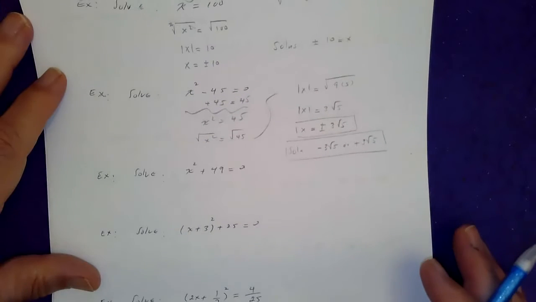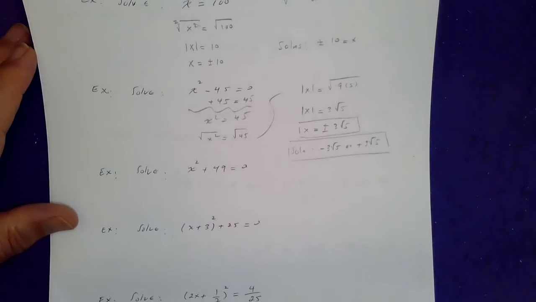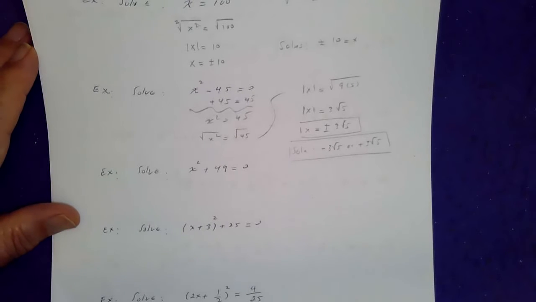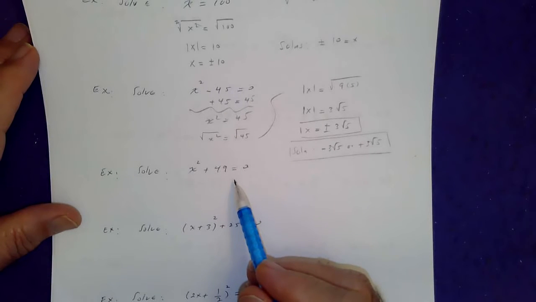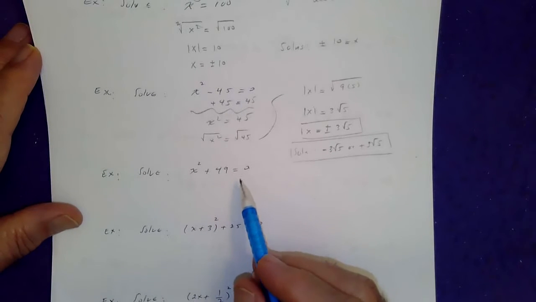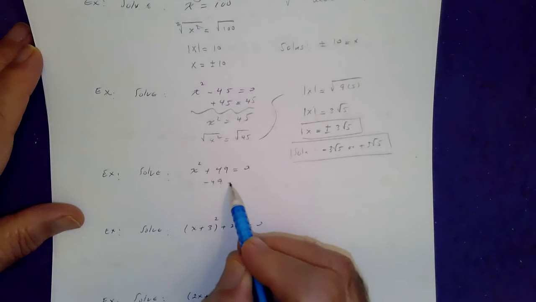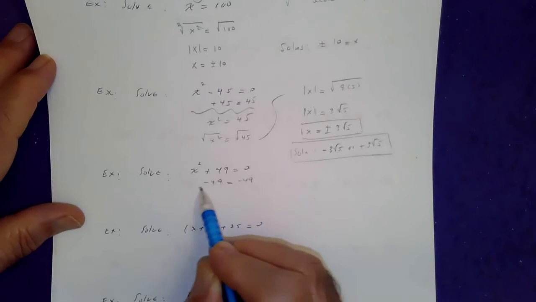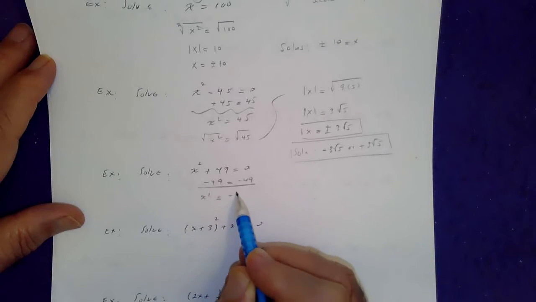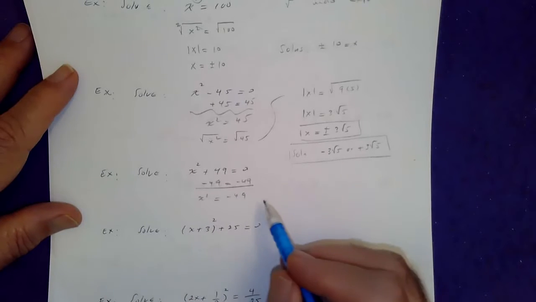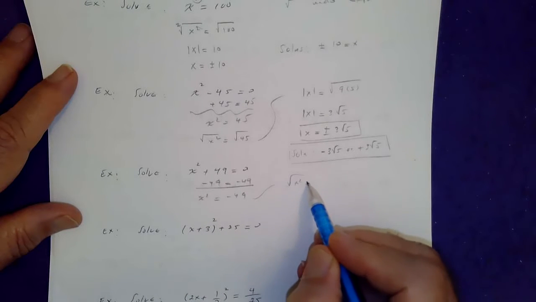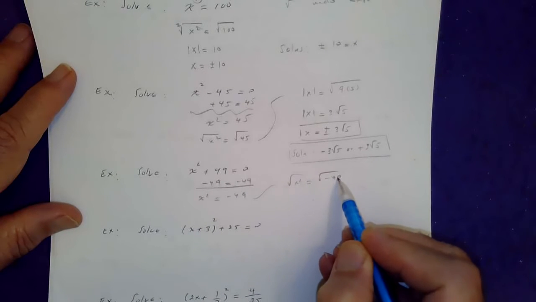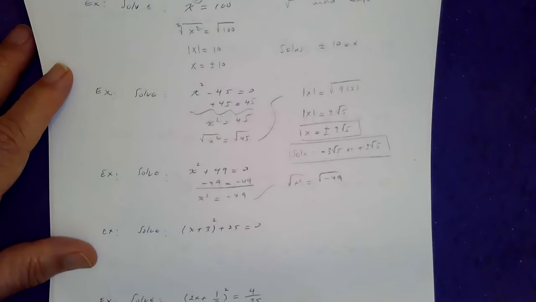Now that we have gone over complex numbers, expect the roots to be complex sometimes. In other words, the roots might be imaginary. For instance, in this problem, if I subtract 49 from both sides, I get x squared equals negative 49. But if I take the square root of both sides, notice I have a negative number under the square root.